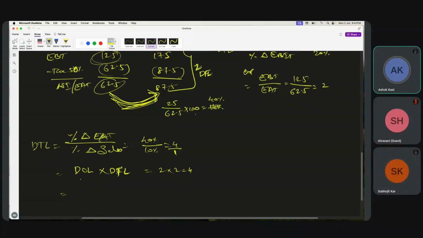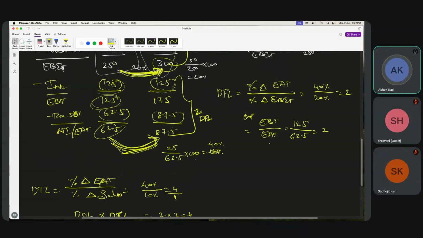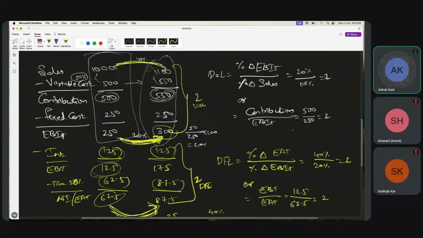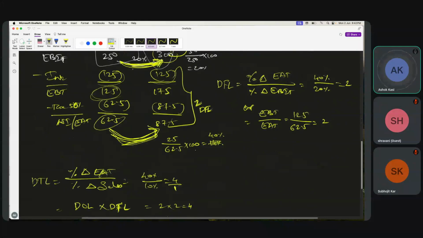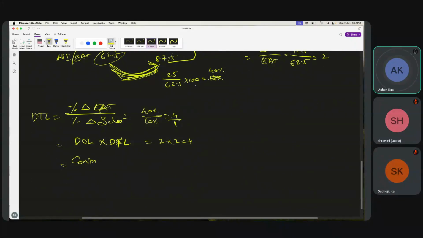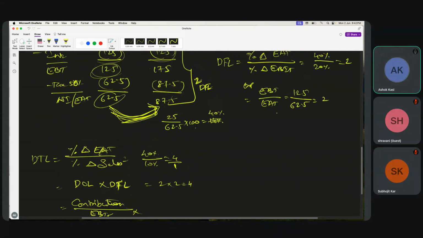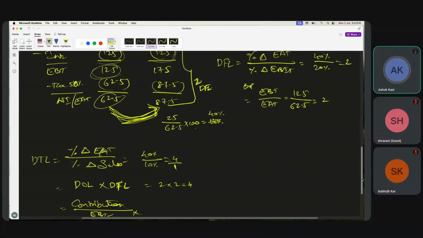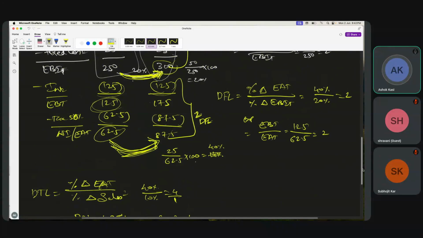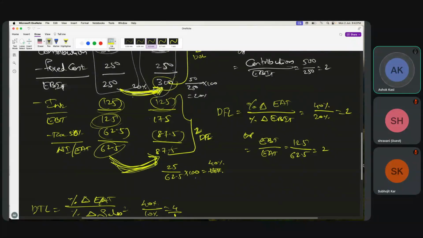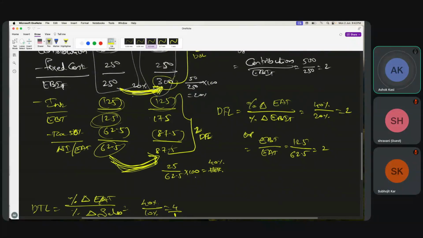Now for degree of operating leverage, we can use this base case also to reframe the formula. Sorry, this formula is wrong. This is not EBT by EAT.